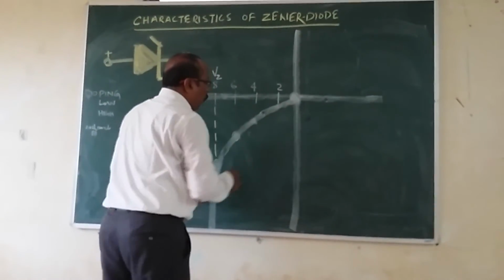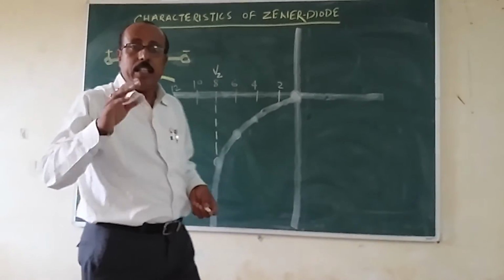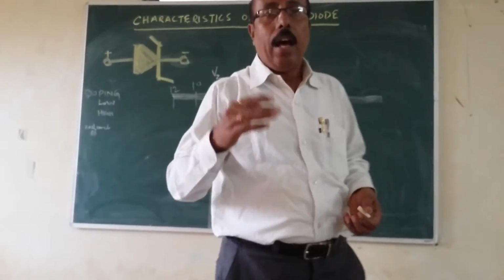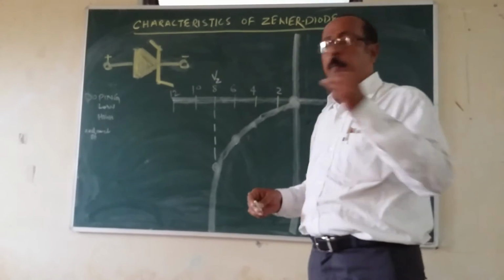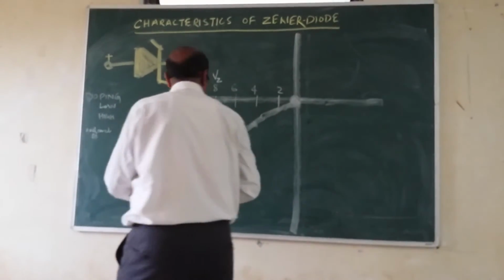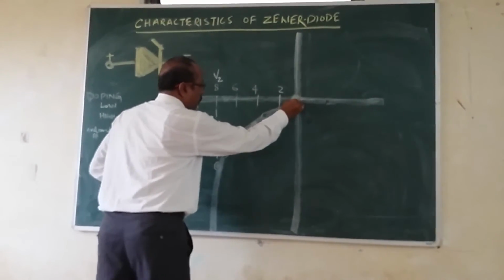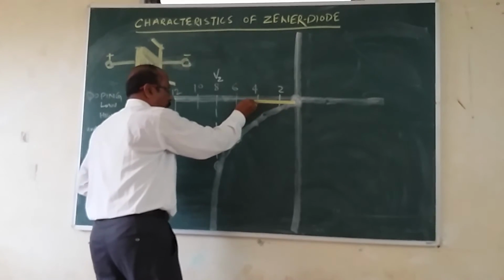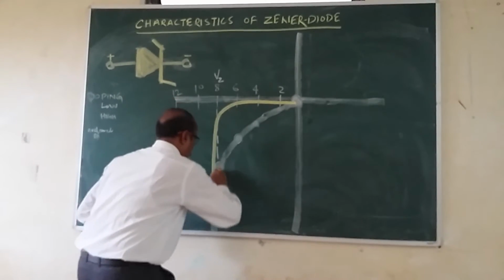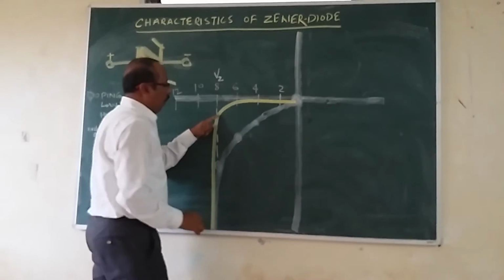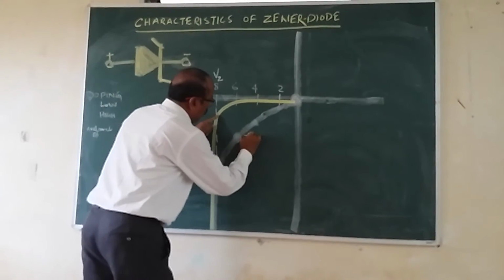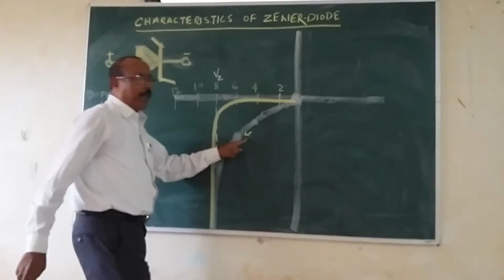When our doping is high in the Zener diode, there is a sharp breakdown. This is called avalanche breakdown.